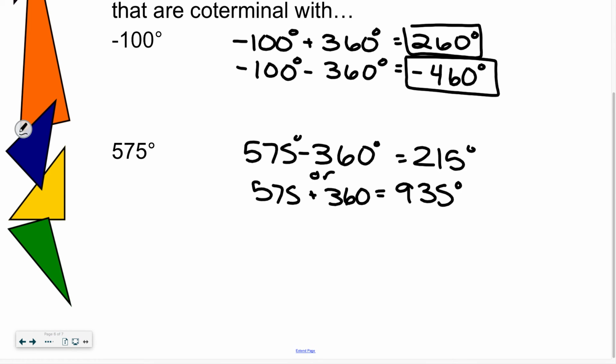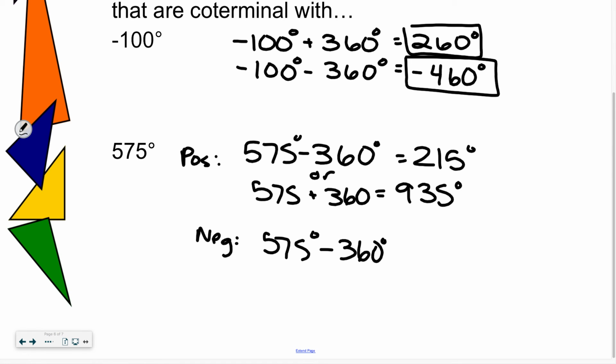If you wanted to get the coterminal that's negative, if you start at 575, so this would be like my positive coterminal angle. If I want the negative coterminal angle, if I subtract 360, we already know from Tommy that that's still positive, right?